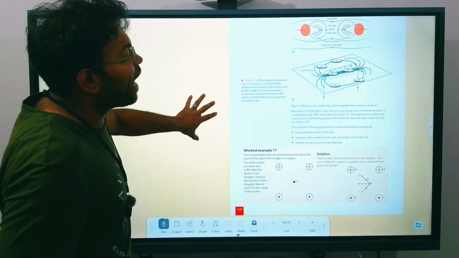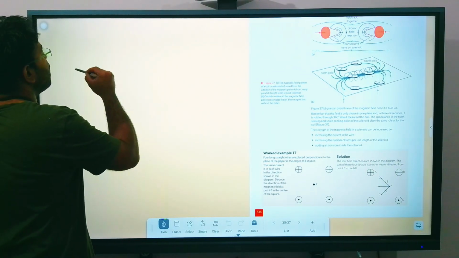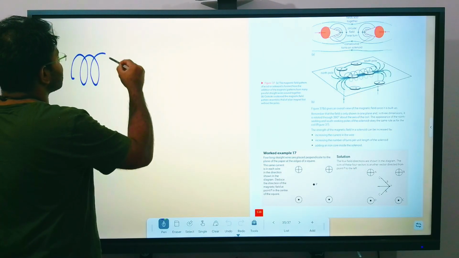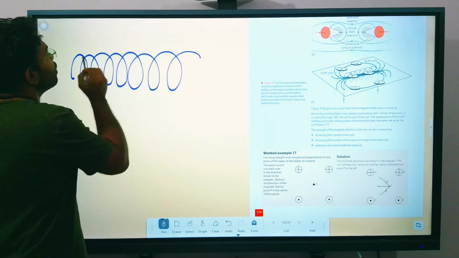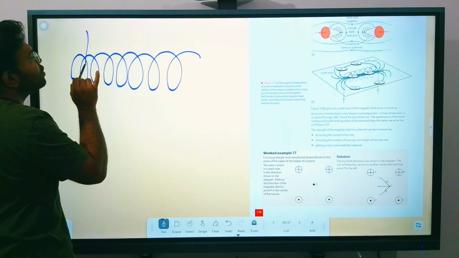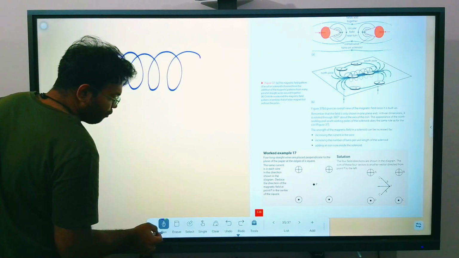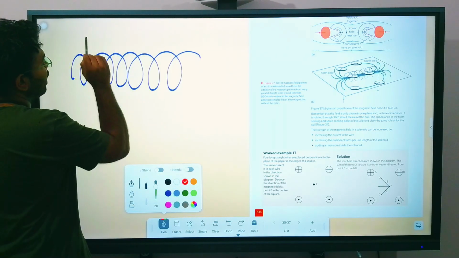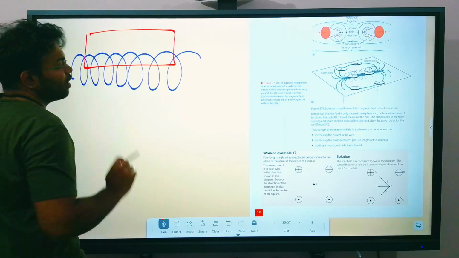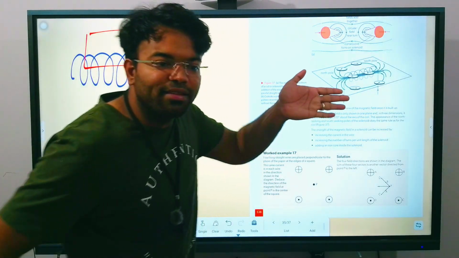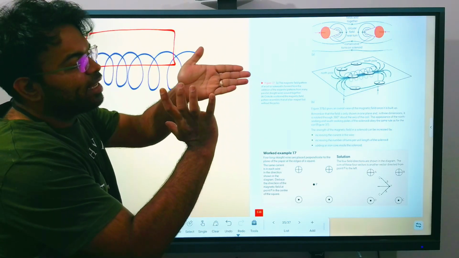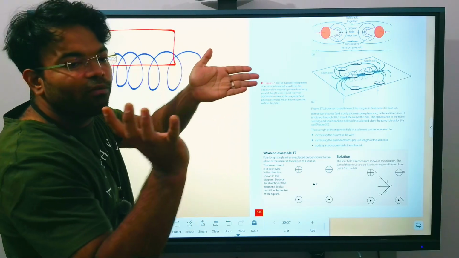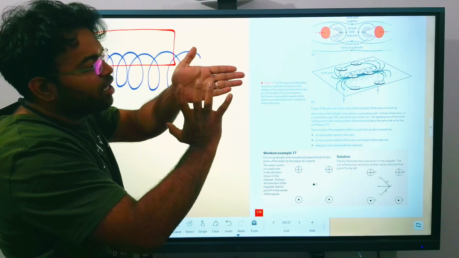Now it actually looks like this. If you have a solenoid like this, just imagine you have an imaginary sheet of paper like this. I am basically going to allow the wires to go through this imaginary paper.